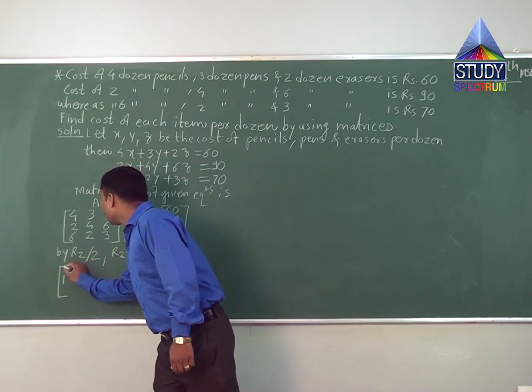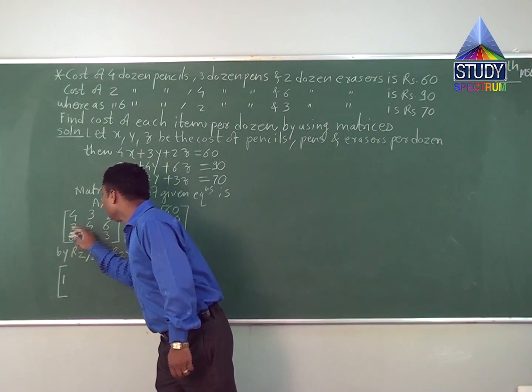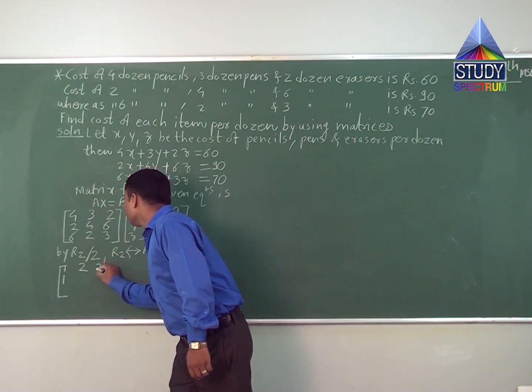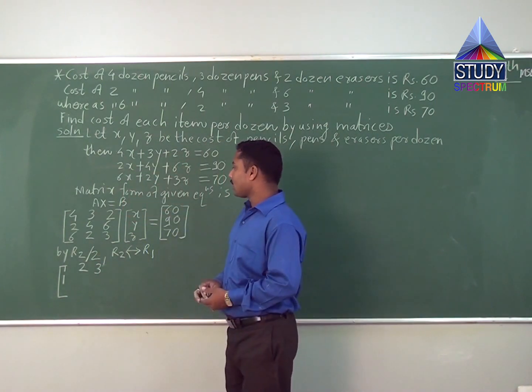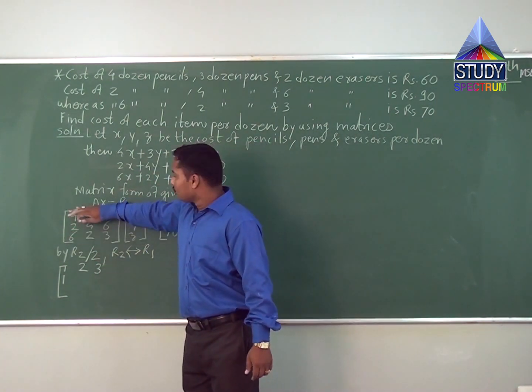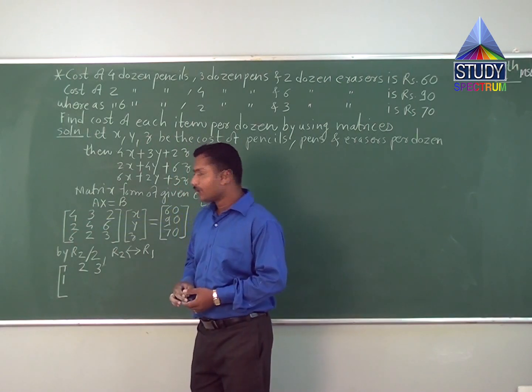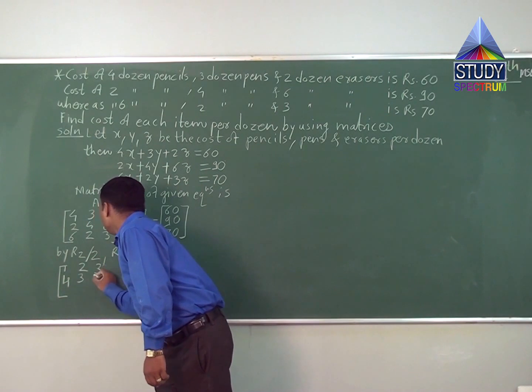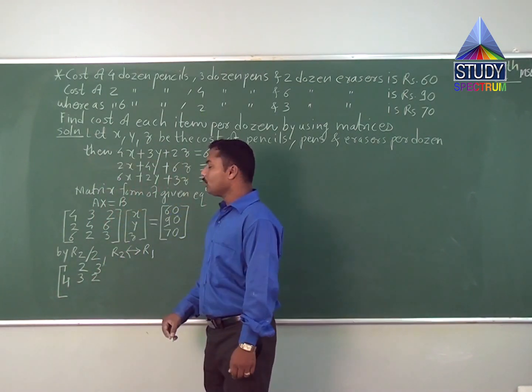So 1, 2, 3, and the first row goes to the second row: 4, 3, 2.